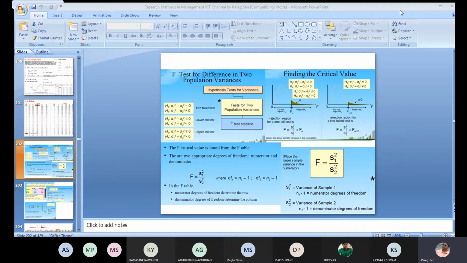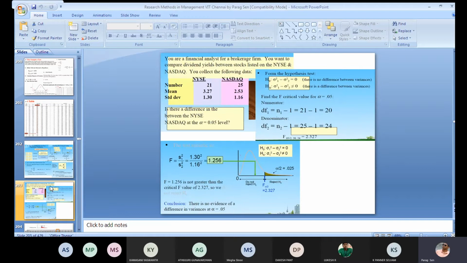So let's take a look at an example so that the idea becomes clear. Suppose you are a financial analyst for a brokerage firm. You want to compare dividend yields between stocks listed on the New York Stock Exchange and NASDAQ. And you got the following data.